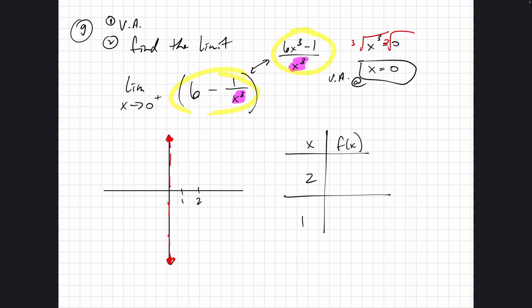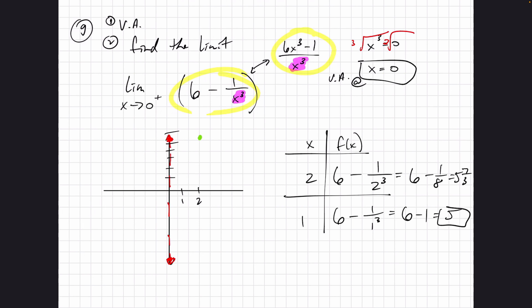If you use the original one, you would get 6 minus 1 over 2 cubed, which is 6 minus 1/8, which is 5 7/8. So it's almost 6. And then if you go 6 minus 1 over 1 cubed, that's just 6 minus 1, 5. So it is decreasing slightly.